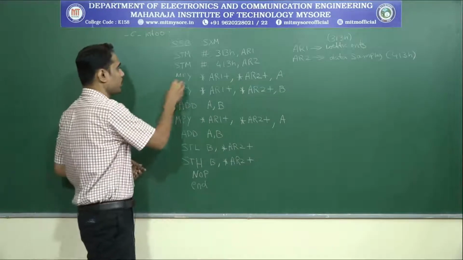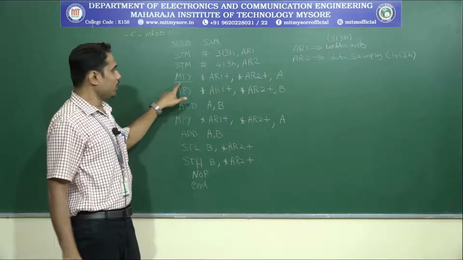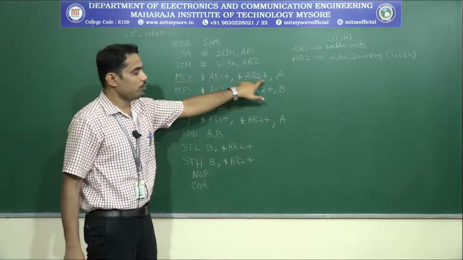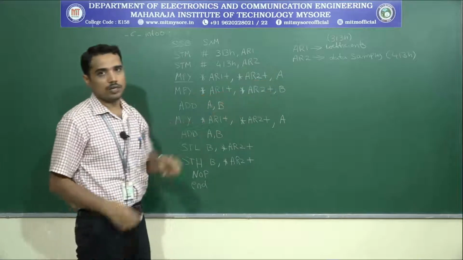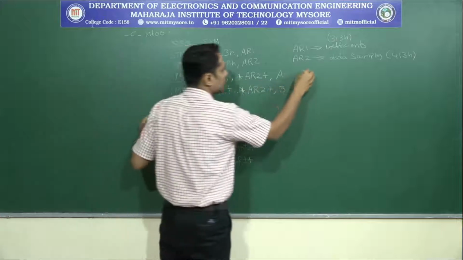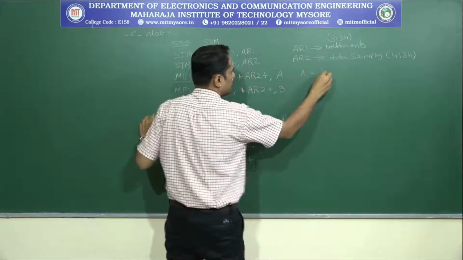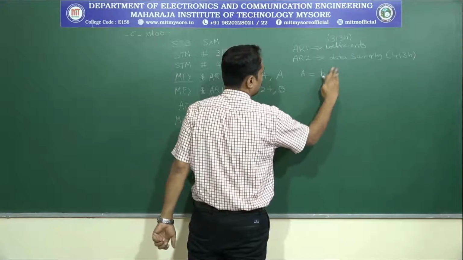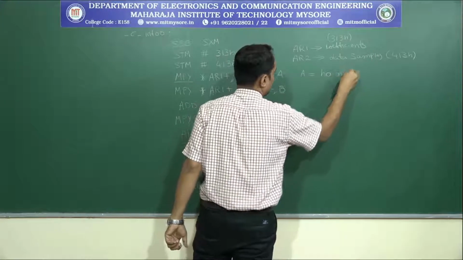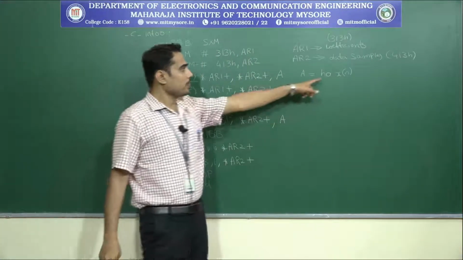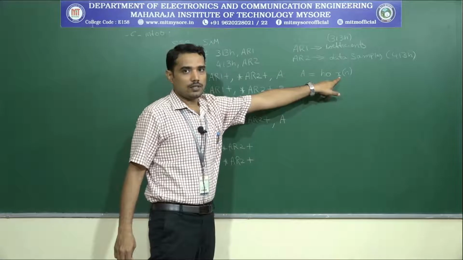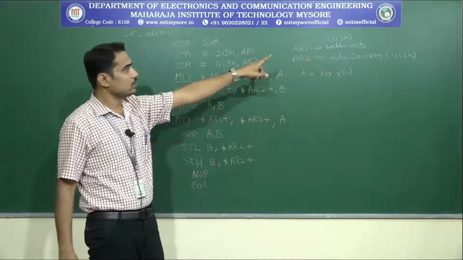For that purpose, we have to make use of the instruction MPY *AR1+, *AR2+, A, and store the result in accumulator A. This implies A is equal to H0 multiplied with x of n. The contents of H0, pointed to by AR1, is multiplied with x of n, which is stored in 413.